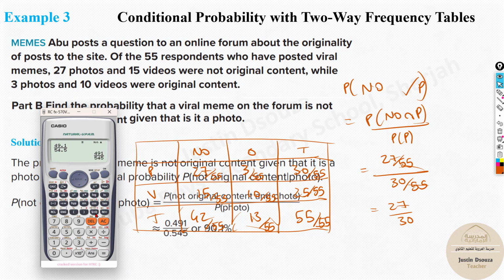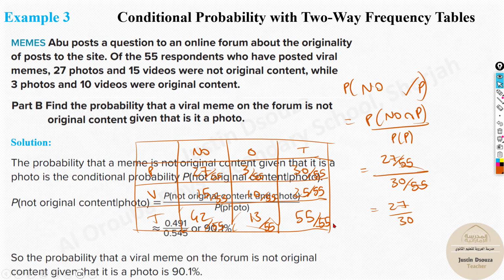Both are in percent. And that would make this 90.1. Can you see that? But actually 0.9 is the actual answer, 90%, if you directly take it as fractions itself. So the probability that the viral meme on the forum is not original, given the condition is photo, is 90%.